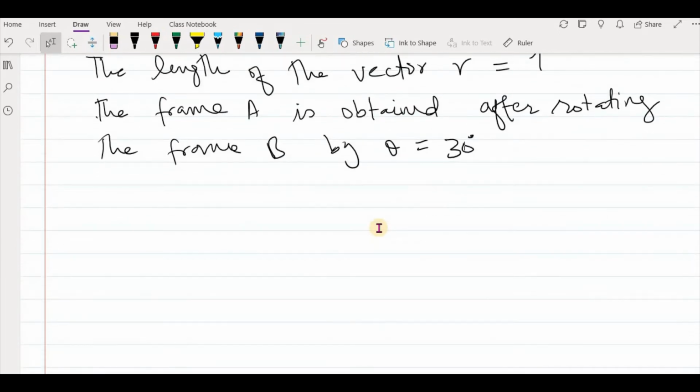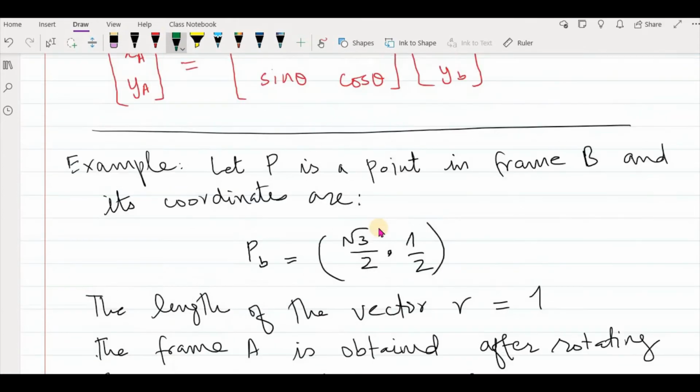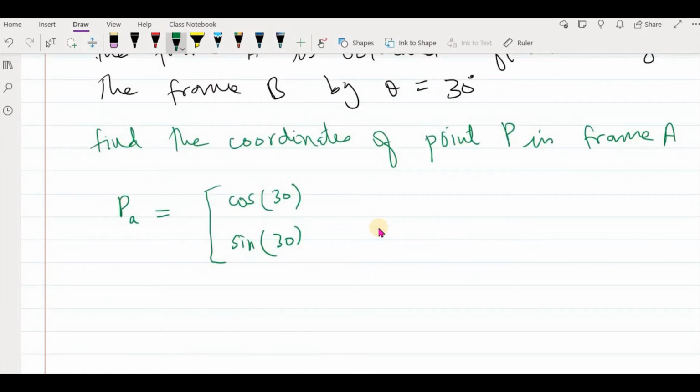So now what we have to do is find the coordinates of point P in frame A. The simple way is that we can write PA is equal to the rotation matrix, which you can write like this: cosine of 30 degrees, sine of 30 degrees, and minus sine and cosine.